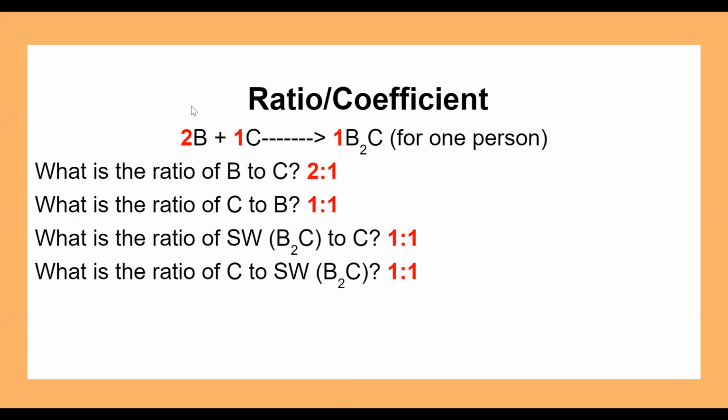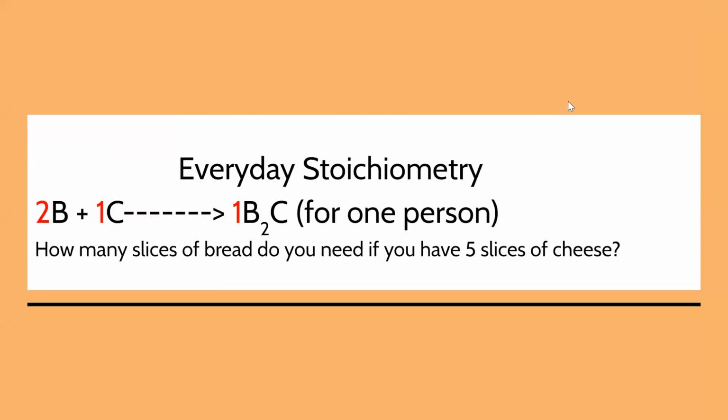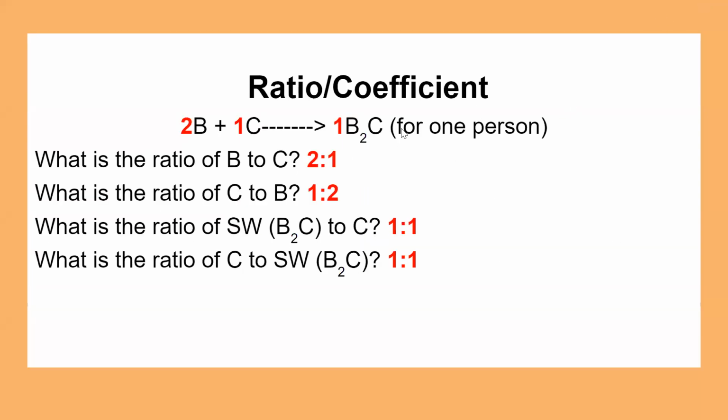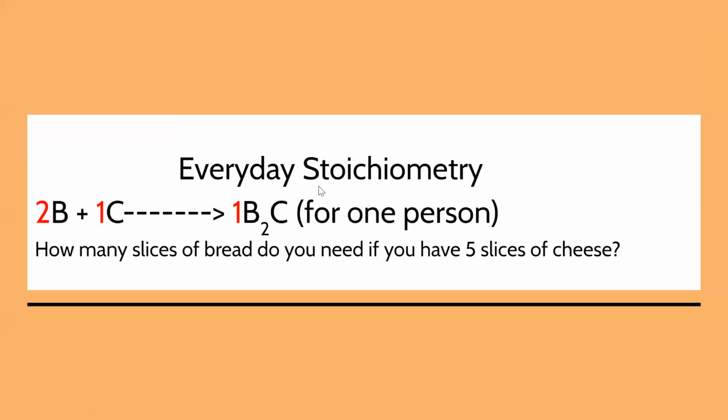The ratio of slices of cheese to sandwich is 1-to-1. So this is slices of cheese to bread is 1-to-2. So I made that correction.